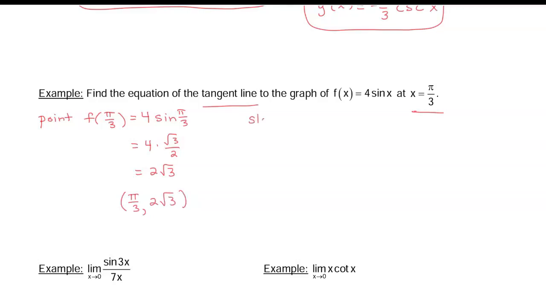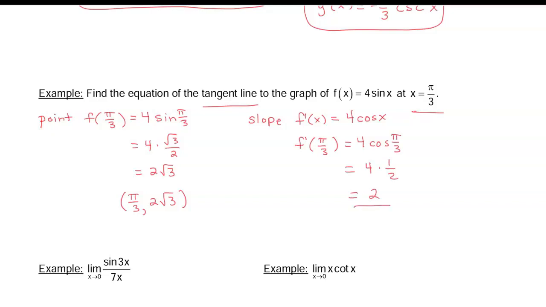Now I'll need a slope. In order to find the slope, I'll take the derivative of the function. So the derivative of 4 sine x is 4 cosine x. And I'm going to evaluate that for pi over 3: 4 times the cosine of pi over 3. Cosine of pi over 3 is 1/2, and 4 times 1/2 is 2.